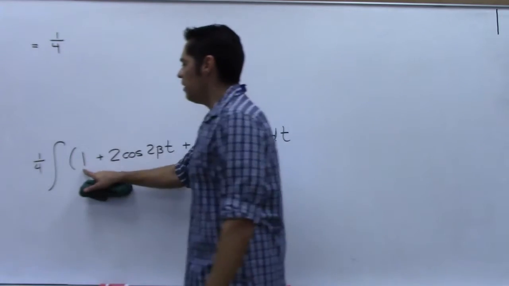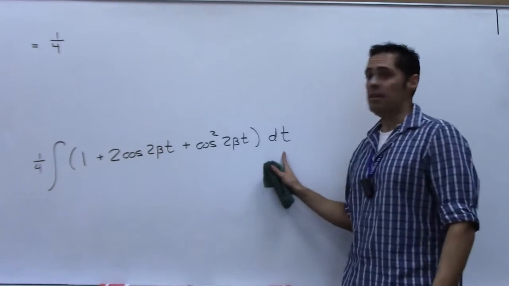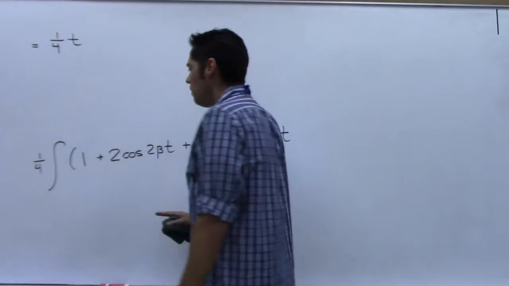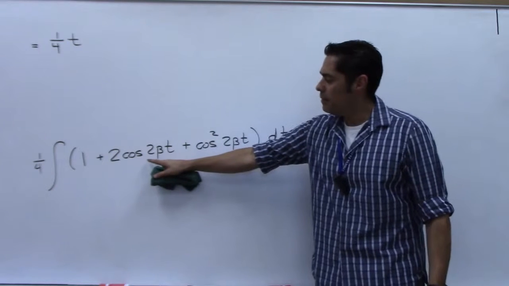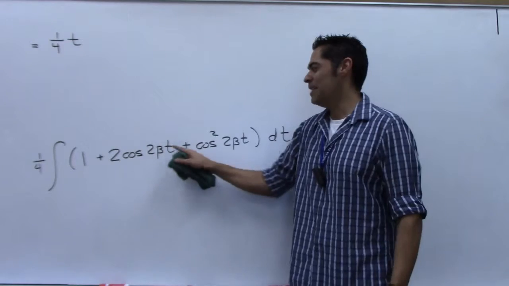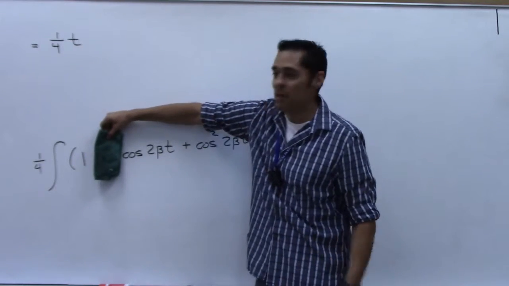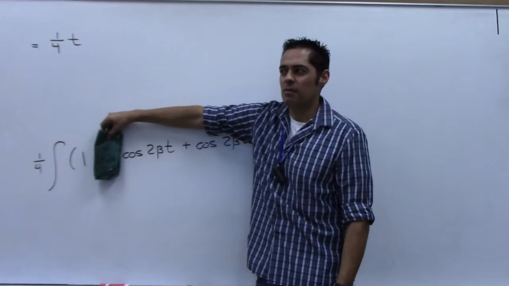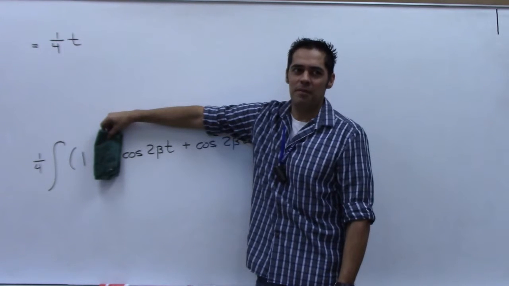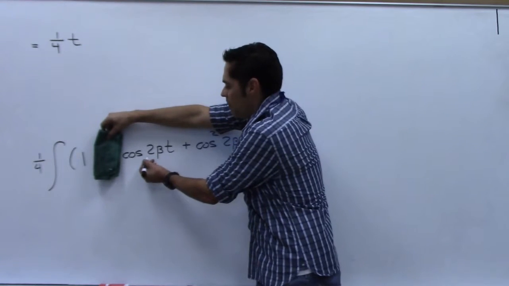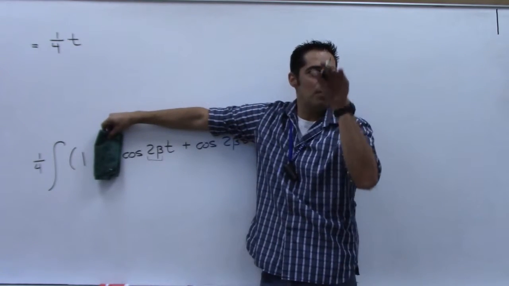What is the antiderivative of 1? T, right? Because we're integrating with respect to t. All right, now, what is the antiderivative of 2 cosine of 2 beta t? Careful here. So cover up the 2. What's the antiderivative of cosine 2 beta t? 1/2 sine. Almost. 1 over 2 beta sine of 2 beta t. Do y'all agree with that? Yes. Because the scalar in front of t is 2 beta, so you have to scale by 1 over it.